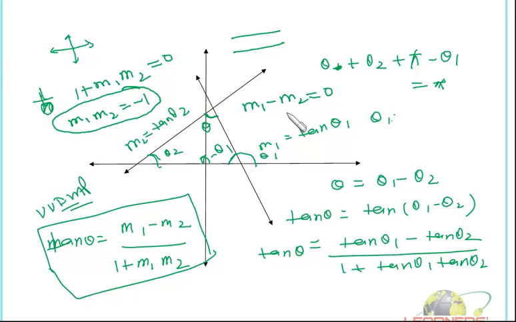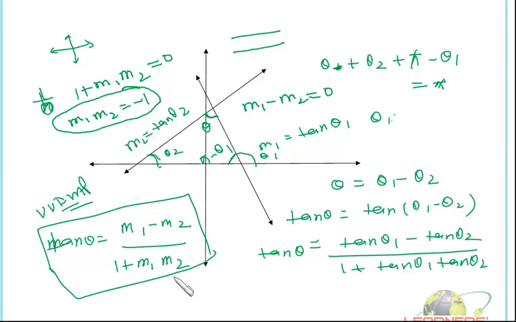If the two lines have an angle theta between them, then tan theta is equal to m1 minus m2 upon 1 plus m1 m2, where m1 and m2 are the slopes of the individual lines. If the lines are perpendicular to each other, theta will be 90 degrees. Tan 90 is not defined, that means the denominator is 0, so 1 plus m1 m2 is 0, that means m1 m2 is equal to minus 1.